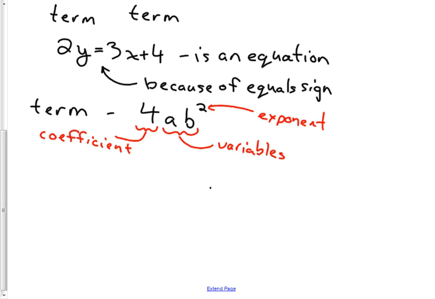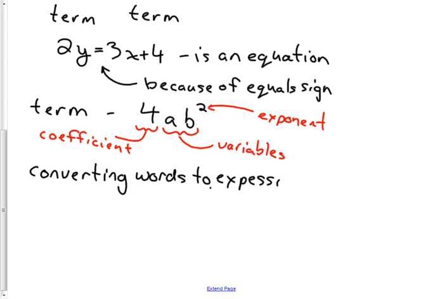And then there was also some work in the guide and the lesson on converting words to expressions. So we can just say converting words to expressions. We could just give an example here maybe. And there's no real rule that we can follow when we're doing this.